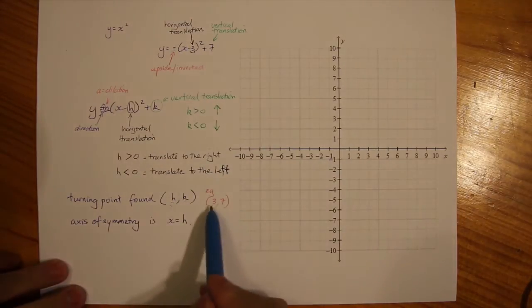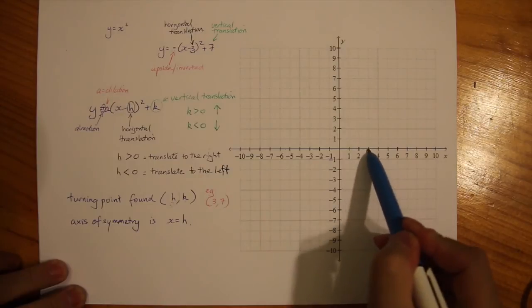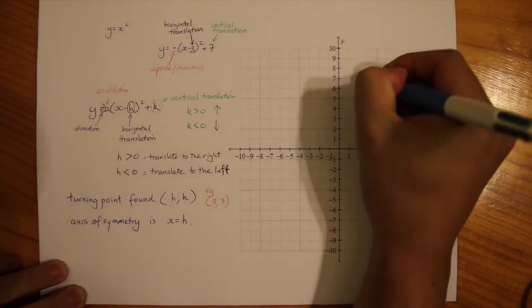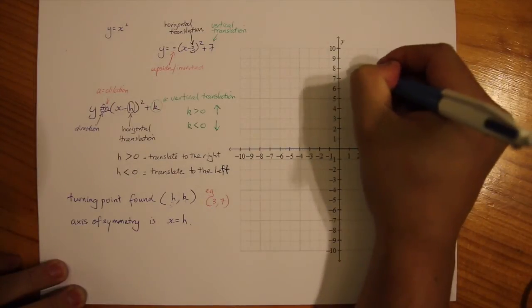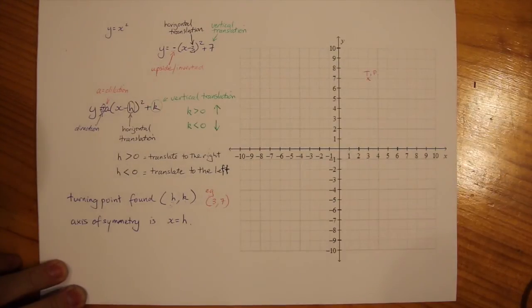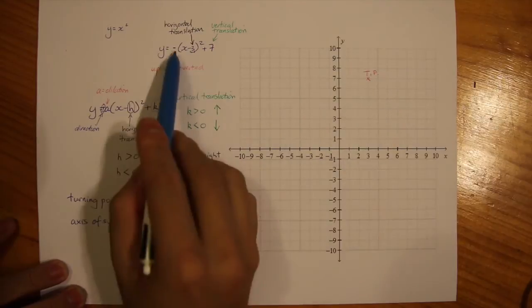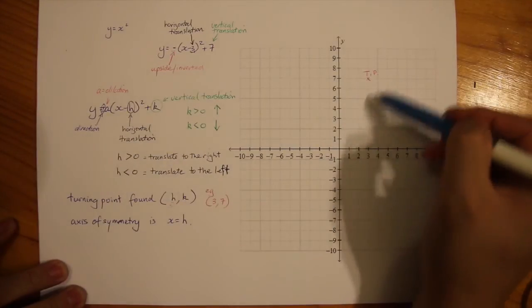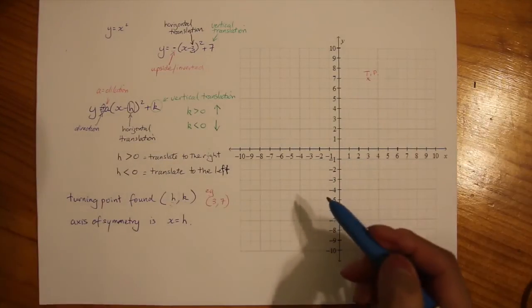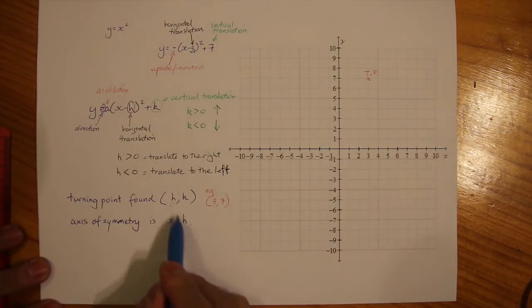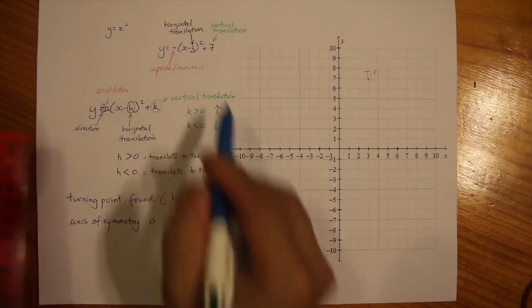So that means when x is 3, y is 7, that is going to be my turning point. We know that it's going to be upside down, so it's going to go down like that. This is my axis of symmetry, so x is h.